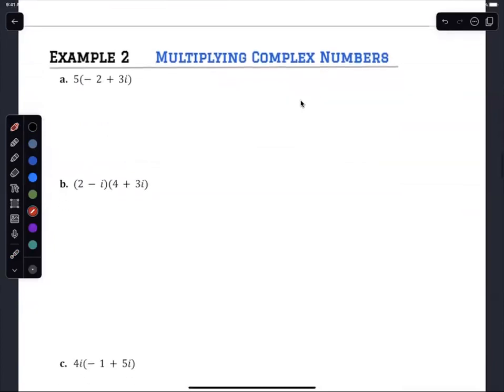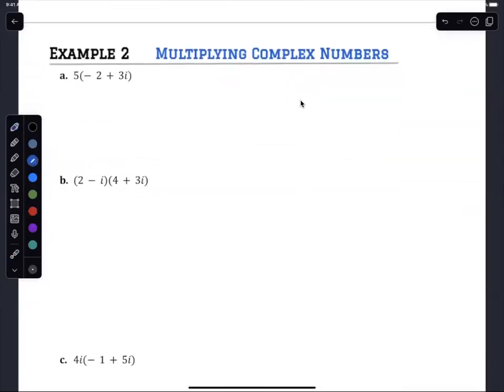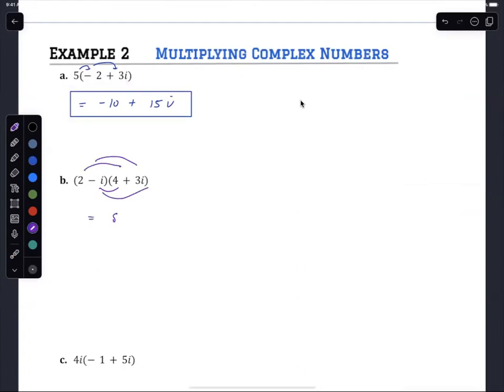Multiplying. For part A, distributing the 5, we're going to get -10 plus 15i. For part B, basically just distribute, just like we know how to. We're going to get 8 plus 6i minus 4i minus 3i squared.